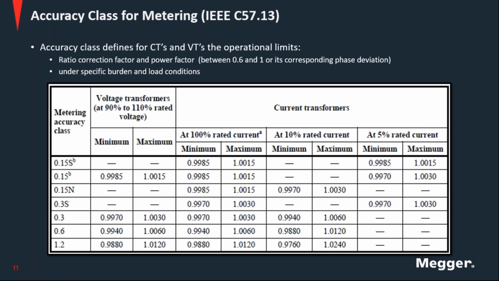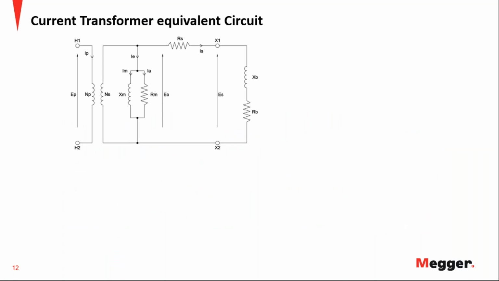So right now we're focusing on the accuracy class, and later on we'll talk about burden. So to go a little bit more in detail about this accuracy class and these limits, let's talk about the current transformer equivalent circuit and see where these limits come from.